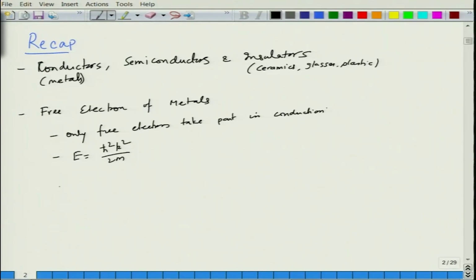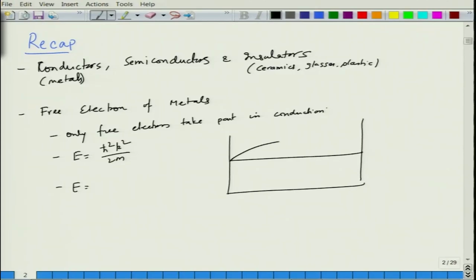Then we saw that if you consider this model, the energy states are also quantized, because if you consider the electron as a wave as well as a particle, and the electron is sitting in a box, it cannot be found outside the box of length L, which means the wave must terminate somewhere here. And since it is a wave, it can have multiple wavelengths. It can have a wavelength like this, it can have a wavelength like this, and so on and so forth.